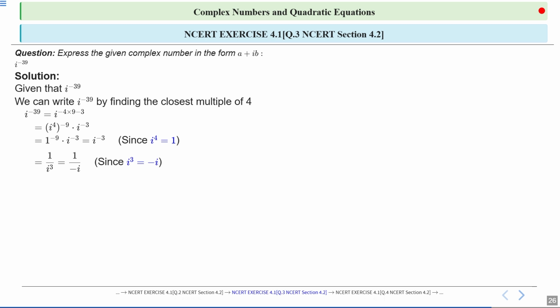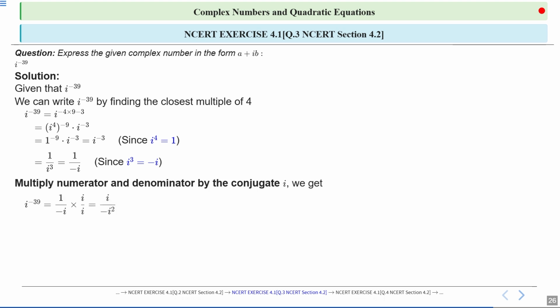And let's handle iota to the power minus 3. Remember, a negative exponent means 1 divided by that power. So iota to the power minus 3 equals 1 divided by iota cube. We also know that iota cube equals minus iota, so this becomes 1 divided by minus iota.